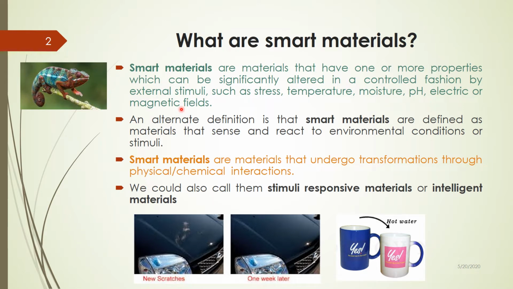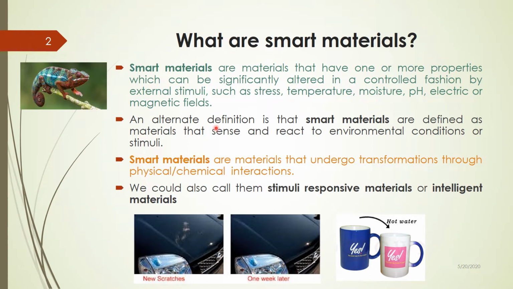That is, any change in the external stimuli makes a change in one or more properties of the material. A best known example from nature is the chameleon, which changes its color with its environmental conditions. Here the color is the property which changes with external stimuli.